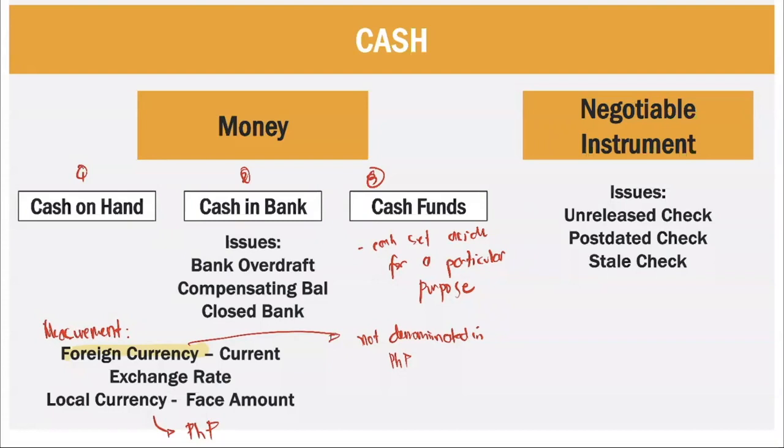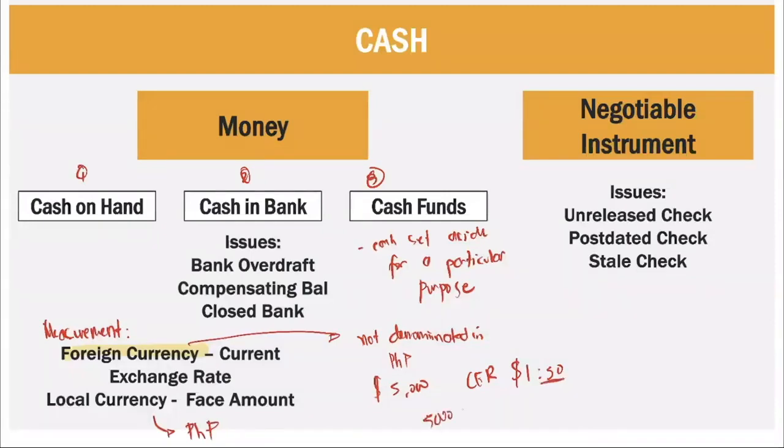If you have a foreign currency, then you should measure it at the current exchange rate. For example, you have $5,000 and the current exchange rate is $1 to 50 pesos. You should measure it based on the current exchange rate, this 50 pesos.